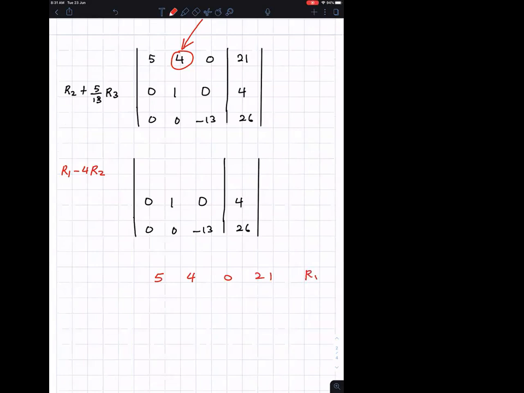And then minus 4R2, row 2 times 4 is 0, 4, 0, 16. So this is 4R2. If we subtract them, 5 minus 0 is 5. 4 minus 4 is 0. 0 minus 0 is 0. 21 minus 16 is 5. 5, 0, 0, 5.